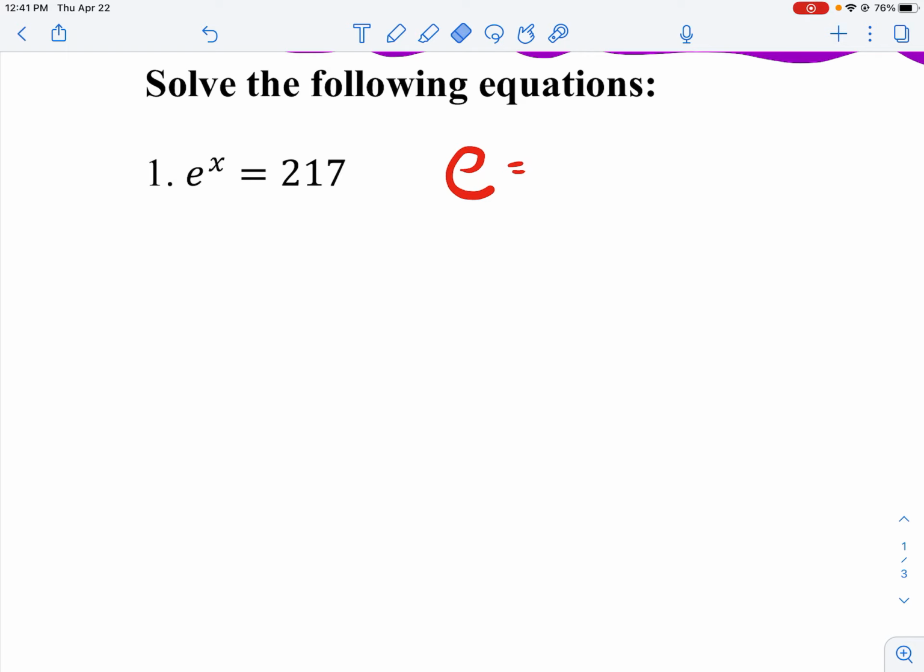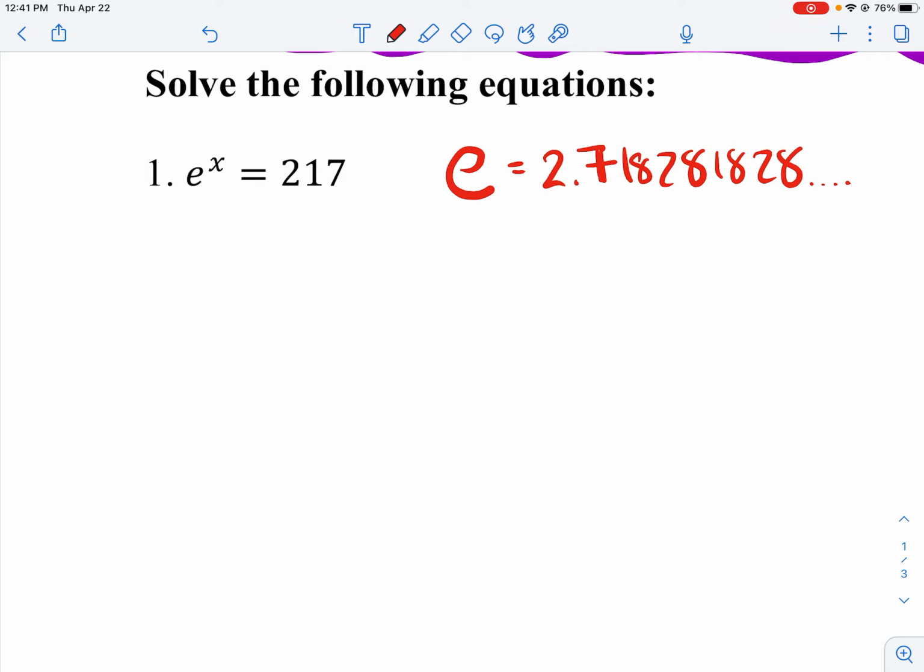I type in e, and e is equal to the number 2.7182818. It's an irrational number that goes on forever. There's no pattern. So that's what this number is.